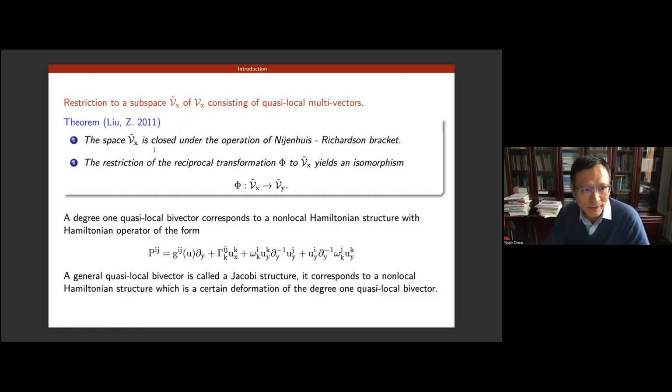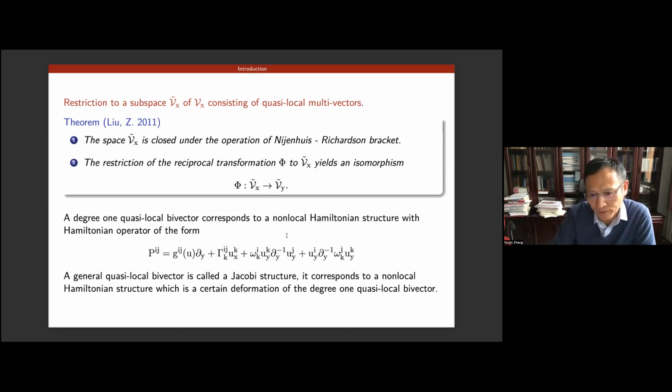Our theorem says that this subspace is closed under the Schouten-Nijenhuis bracket, and the restriction of the reciprocal transformation yields an isomorphism of these two subspaces. So this gives us a natural transformation law of non-local Hamiltonian structures under nonlinear reciprocal transformations.